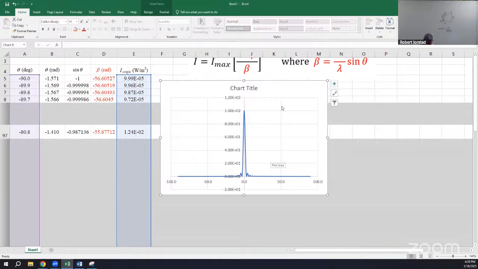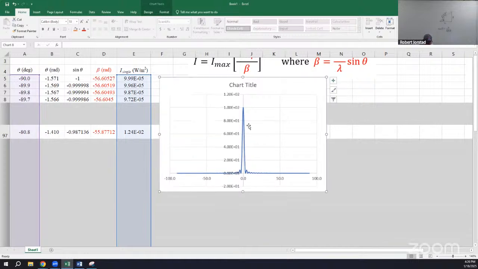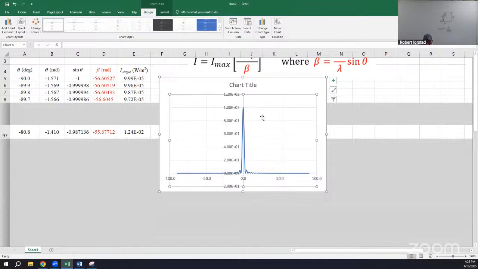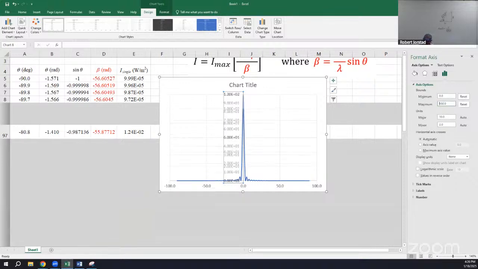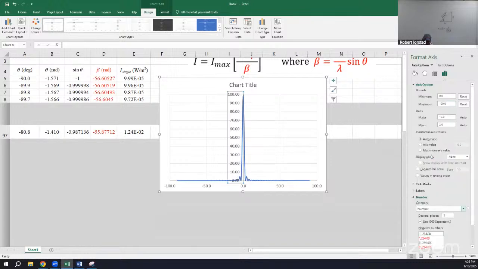Now, an interesting thing here, if we look carefully here, you're not going to see much. Let's make this look like a number here. Let's go from 0 to 100, and let's change this number to just a normal looking number.